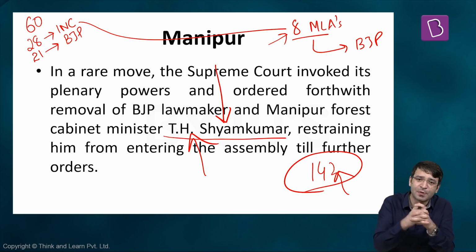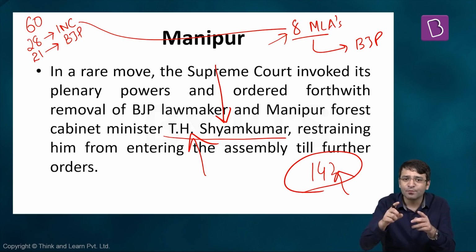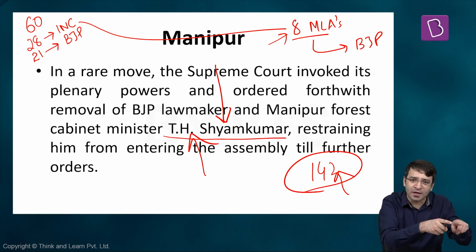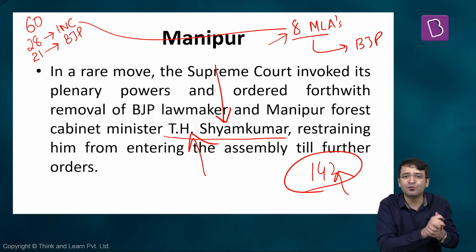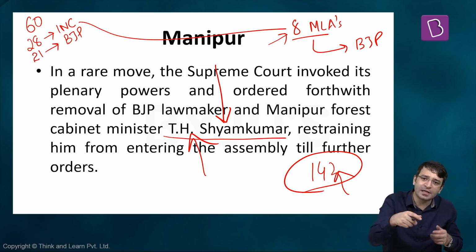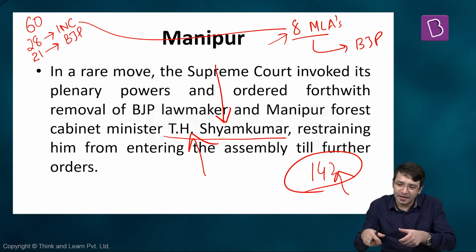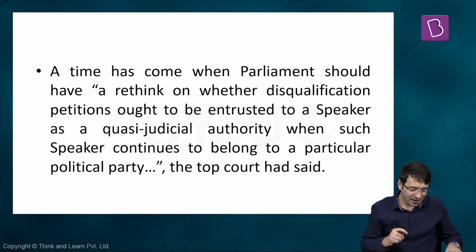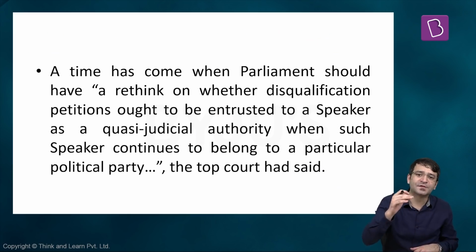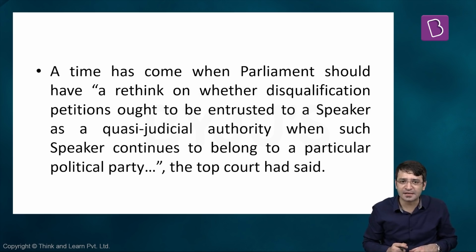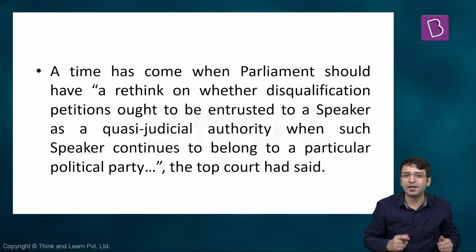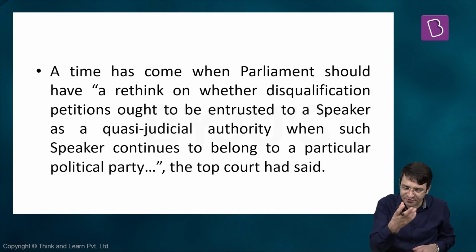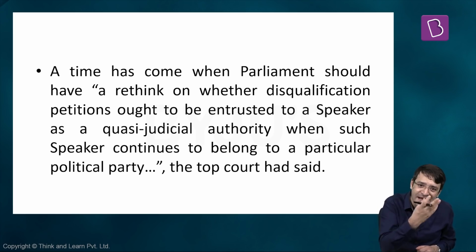Rajya Sabha elections were to be held. What the Speaker of the Manipur Legislative Assembly did: those MLAs who could have voted for the Congress were not allowed to vote. Those MLAs who could have voted for the BJP were allowed to vote. We call Rajya Sabha the Council of States, a federal chamber of the Indian Constitution, because it represents the interests of the states.